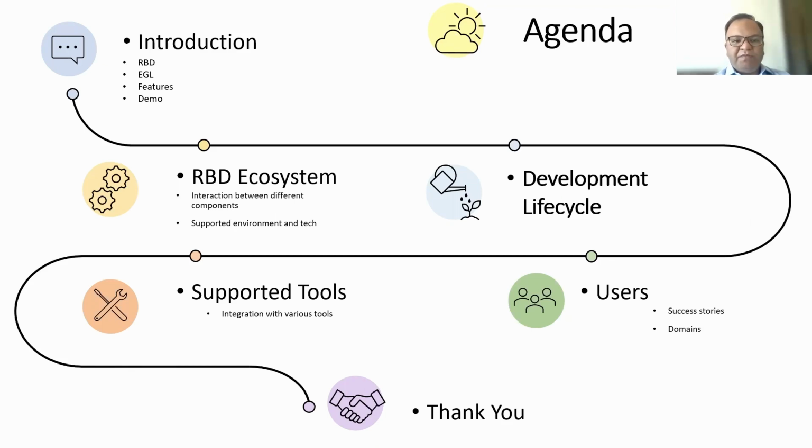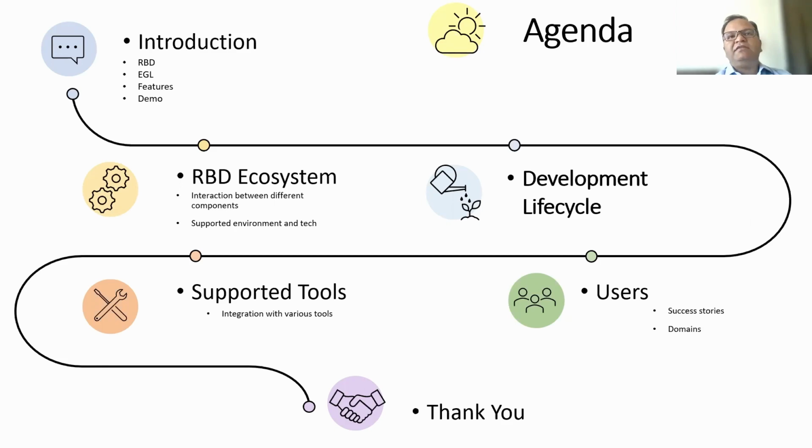The next part would be the RBD ecosystem, the different components that make RBD, how the overall generation and different activities are done, the supported environment and the target deployment environment. We will talk about that, followed by the development cycle.